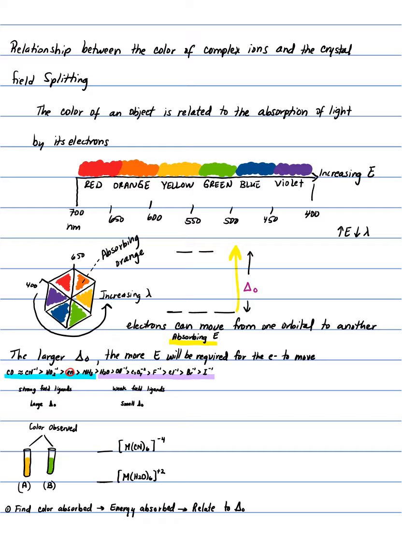Okay, the color of an object, right? It's related to the absorption or emission of light. The electrons can move between orbitals. For the electrons to move between orbitals, they have to absorb energy. Energy can be absorbed as heat, as light.